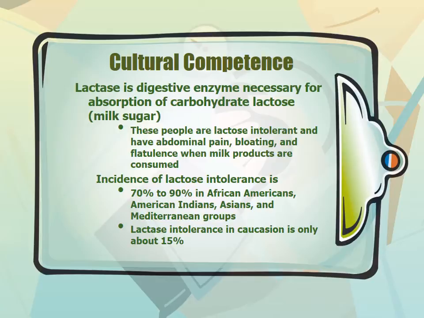The people that do suffer from lactose intolerance are going to suffer from abdominal pain, bloating, and flatulence or gas when milk products are consumed. The incidence of lactose intolerance is anywhere from 70 to 90% in African Americans, Asians, and in the Mediterranean group. Lactose intolerance in Caucasians is fairly low. It's only about 15% in them.